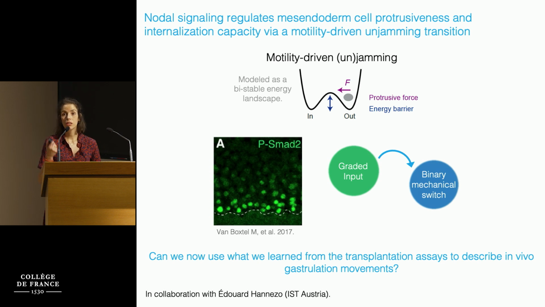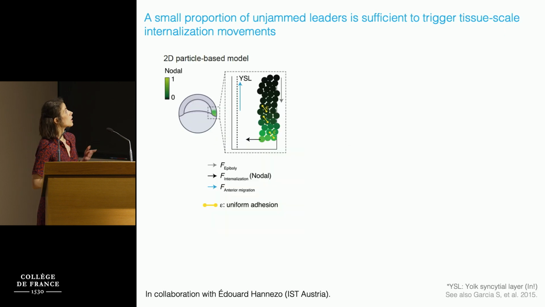So can we actually use what we learned here to go back to the embryo and make any sort of prediction on how the movements at tissue scale should look like? So again, in collaboration with Edouard, he did a 2D particle-based model. You organize the cells in the same type of configuration as I've shown you in the embryo.